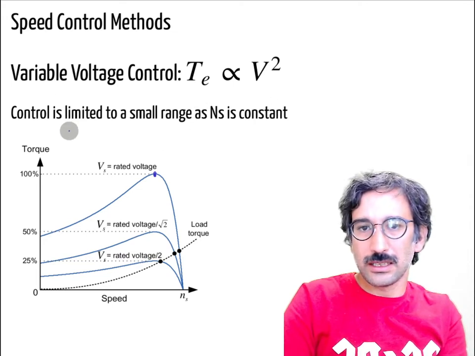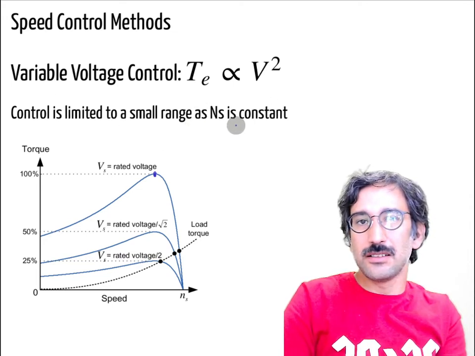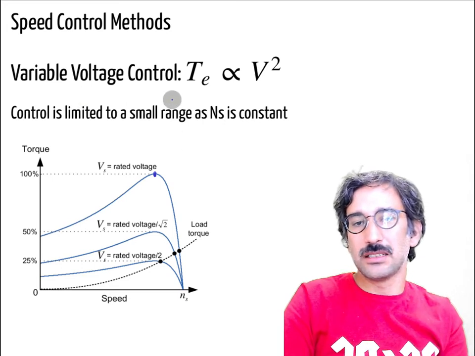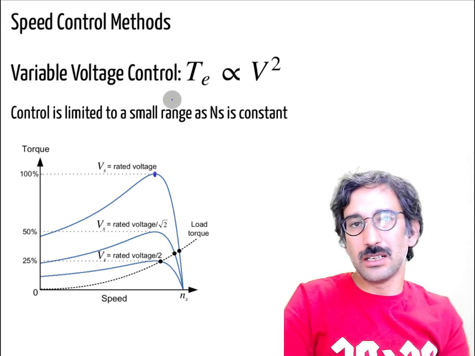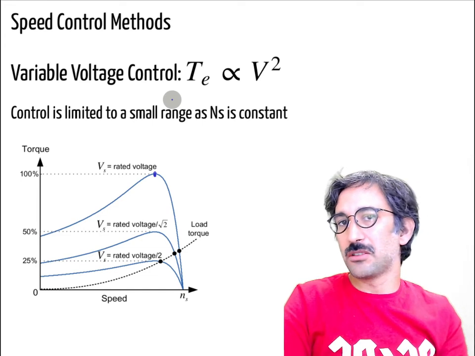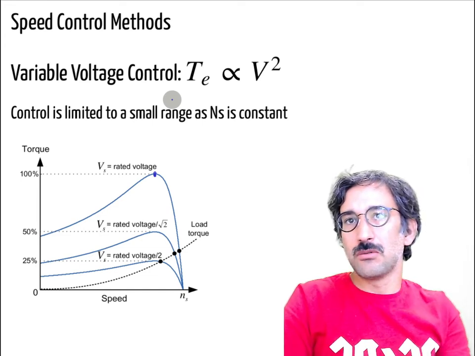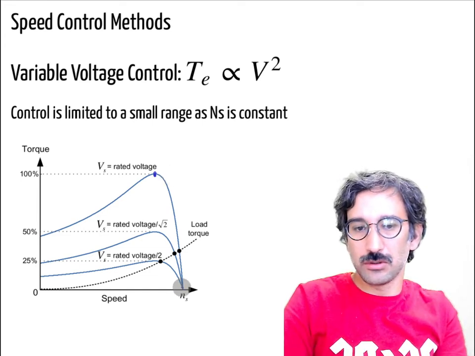But the interesting thing is the synchronous speed is constant, because in that type of control we are not changing the applied frequency. If we are applying 50 Hz, we are still applying 50 Hz. So our synchronous speed is constant.